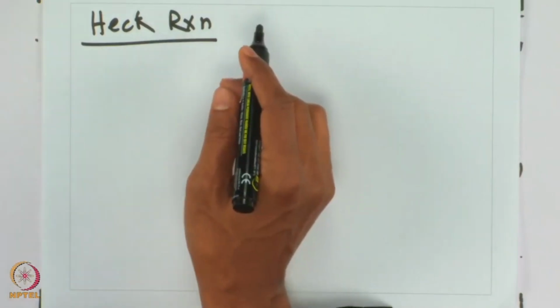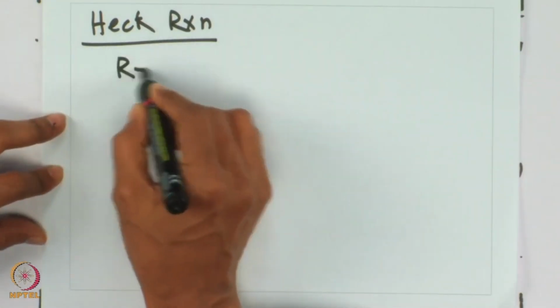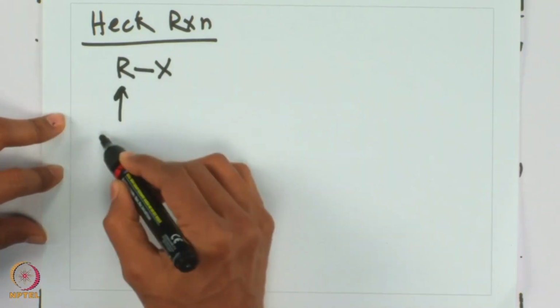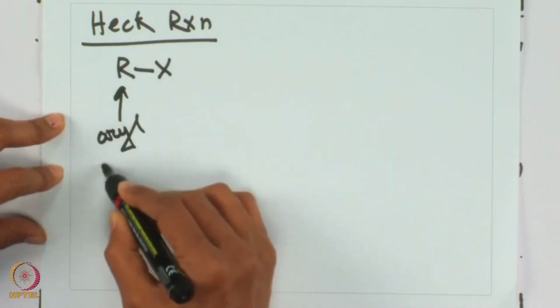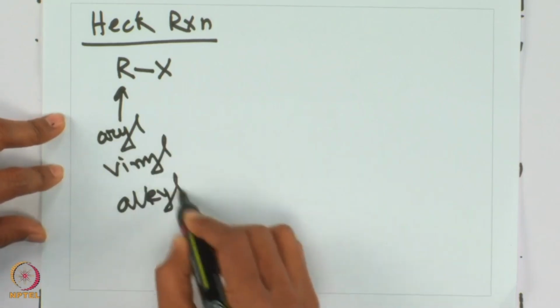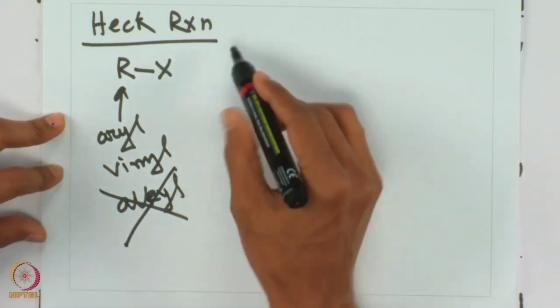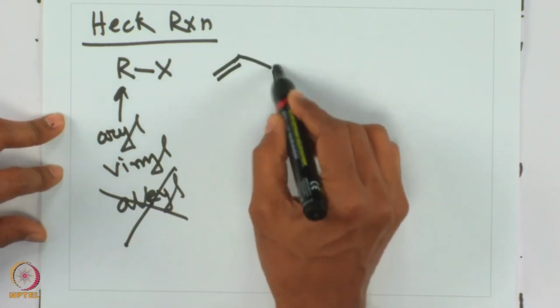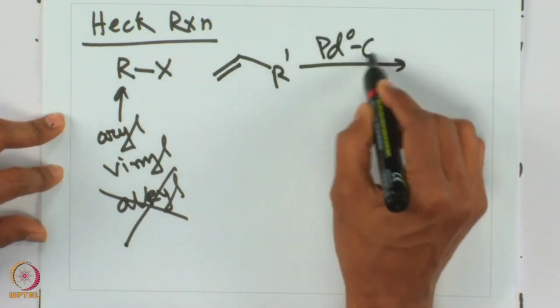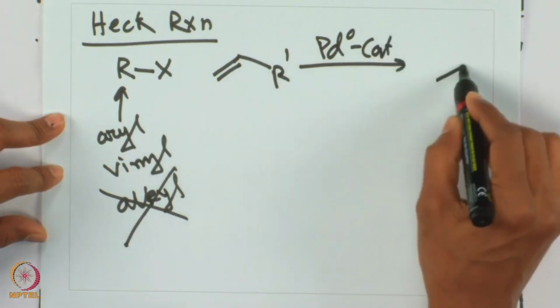Okay. Now, the major part of the Heck reaction is RX, this could be aryl and vinyl, alkyl actually does not work, and it reacts with an olefin to give you the desired internal olefin.